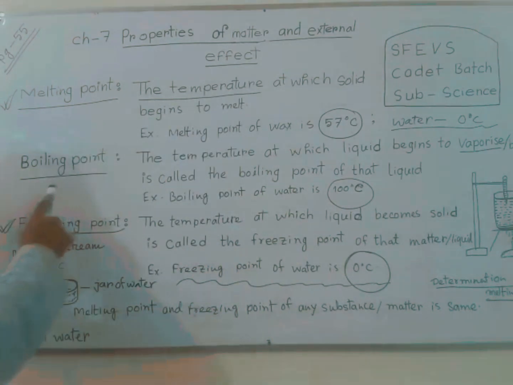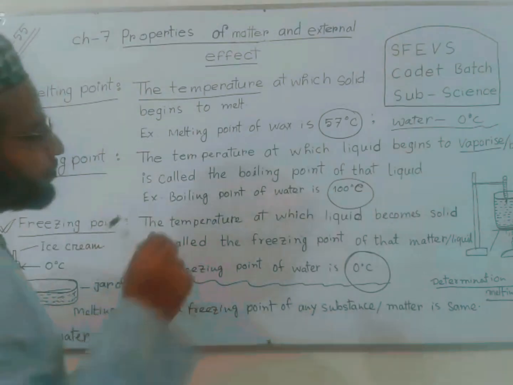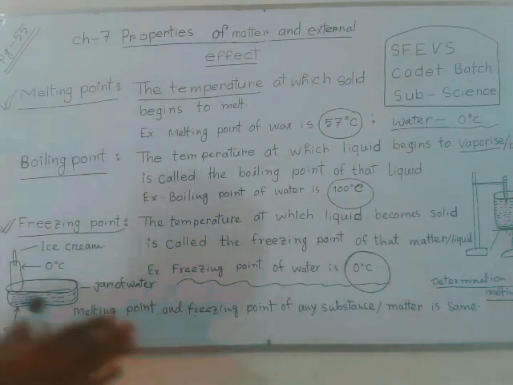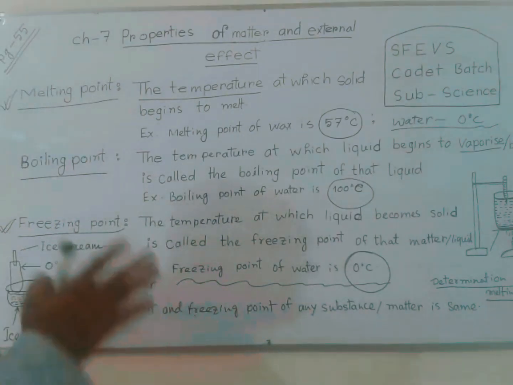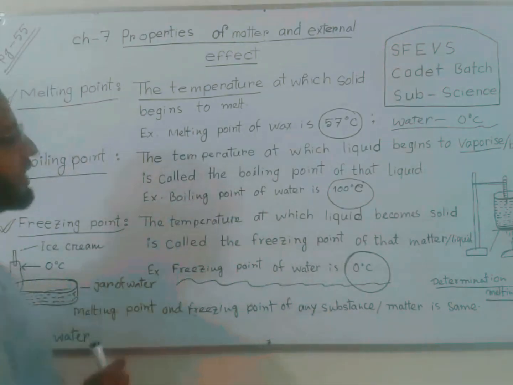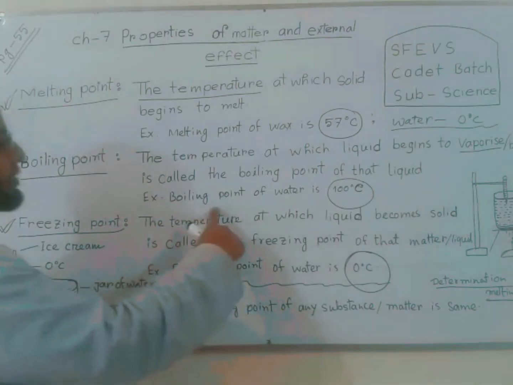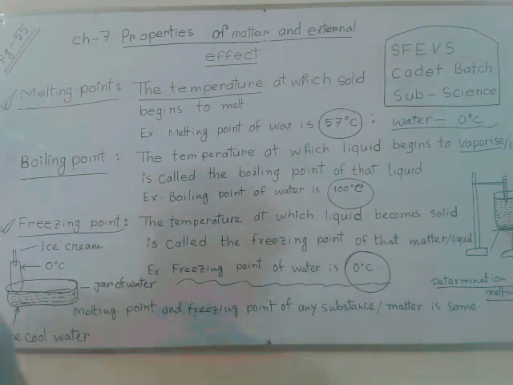Boiling point is also a fixed temperature for any substance. Boiling point is the temperature at which a liquid begins to vaporize or boil. It's called the boiling point of that liquid. Here I have given an example of water. So the boiling point of water is 100 degrees Celsius.